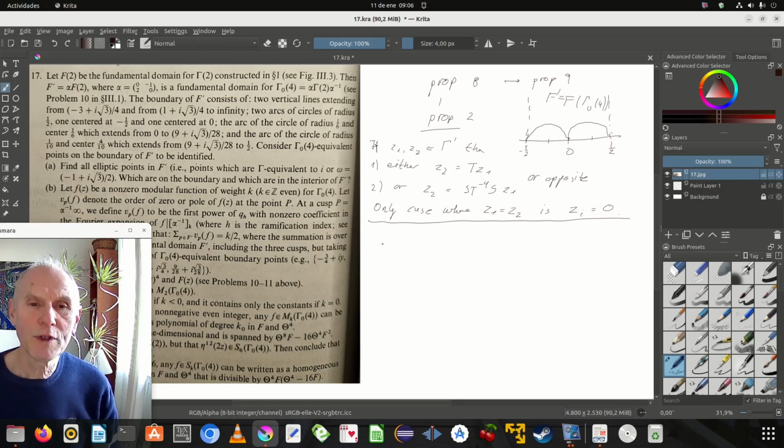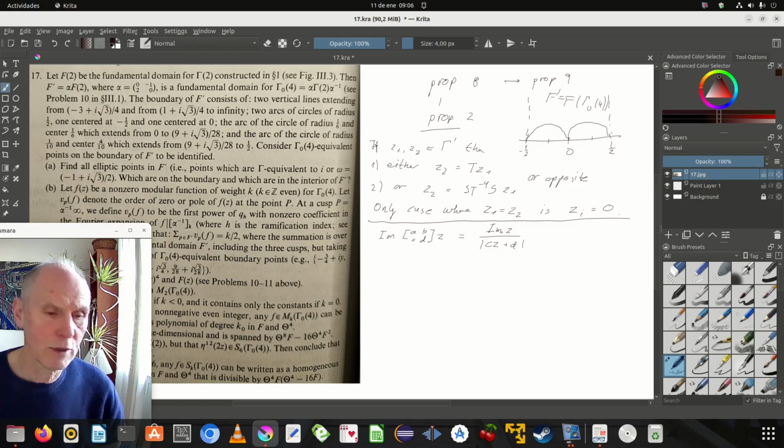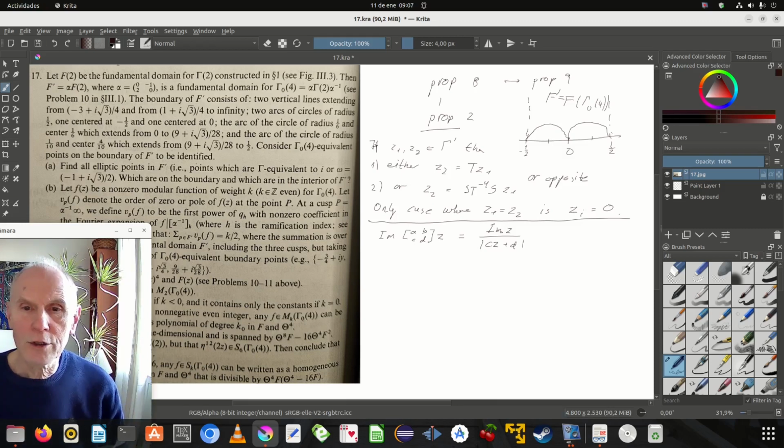The way to prove it was to assume we have two points, and then we should use the imaginary part. And as far as I remember, this is the formula. I will just look it up. It turned out it's squared, of course.